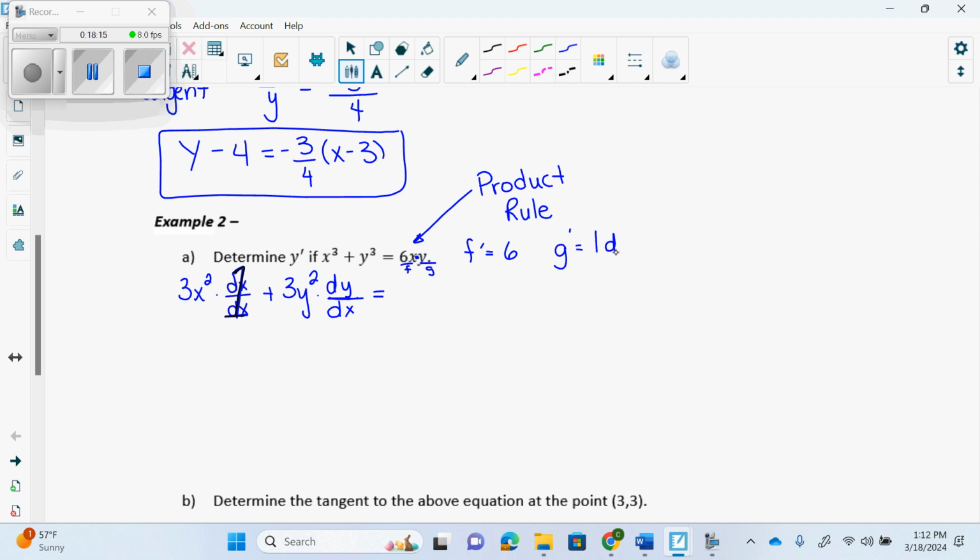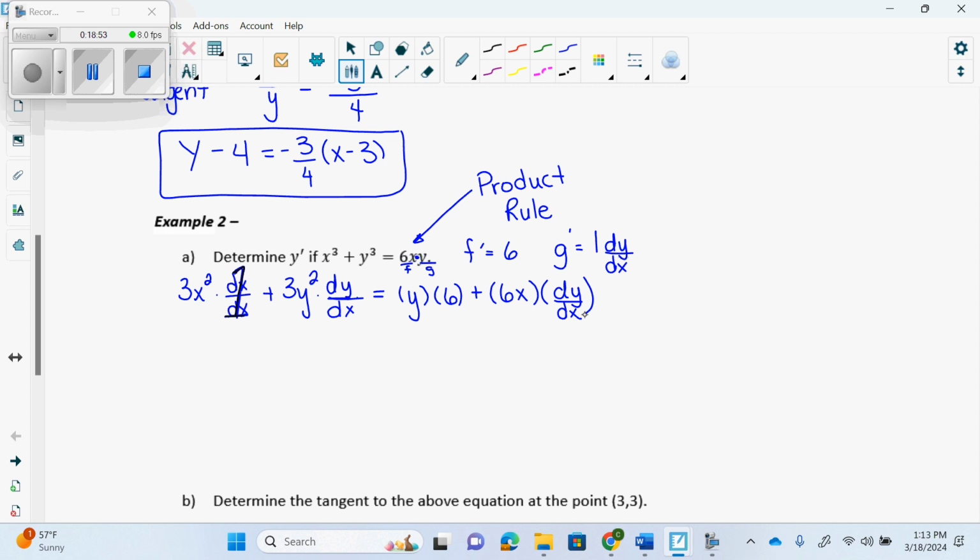dy over dx. People will forget to do that. Whenever you take the derivative of a y, you have to follow behind with dy over dx. Okay, so we're going to get g, which is y, f prime, which is 6, plus f, which is 6x, and g prime, which is dy over dx.